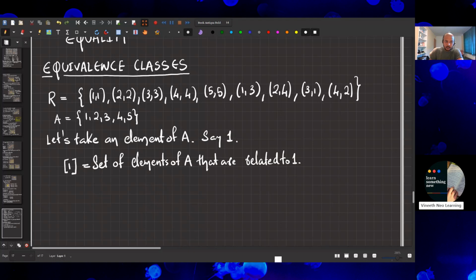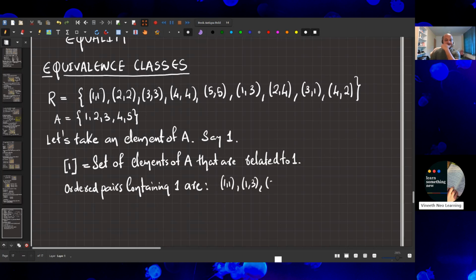For that, let's look at the ordered pairs containing 1 and what other elements are present in those ordered pairs. The ordered pairs that contain 1 are (1,1), (1,3), and (3,1).